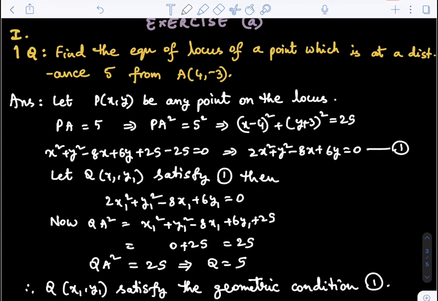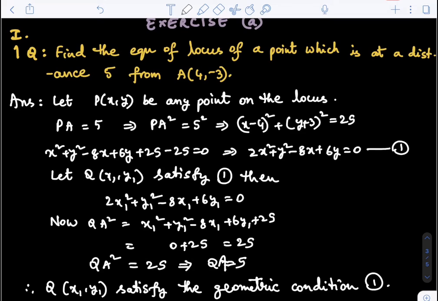Here it is QA, not just Q. Before going to QA, we are doing QA square. QA square is equal to, the root symbol is not taken here. When we substitute x1 y1 in the previous equation, we get the same thing here, equal to 25.